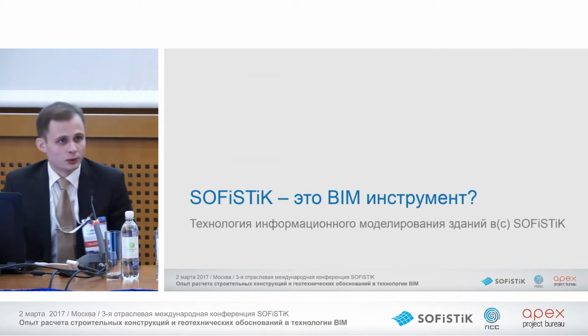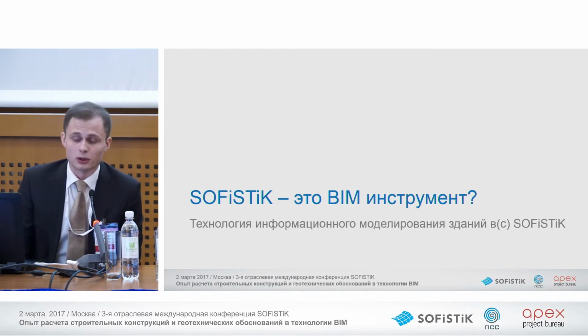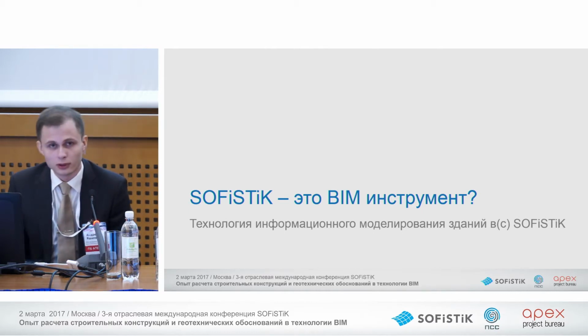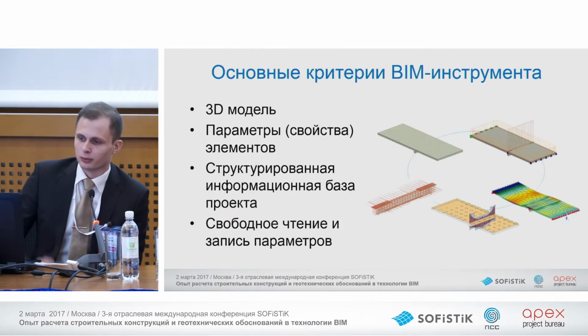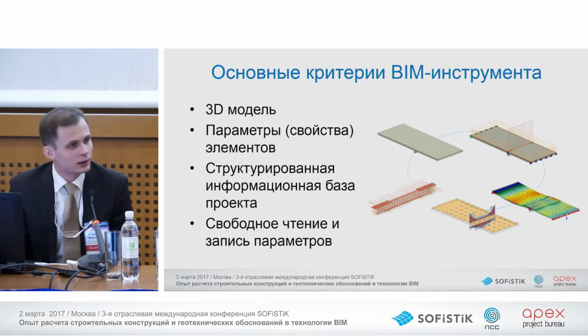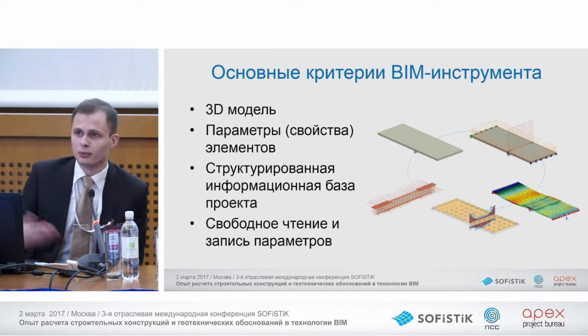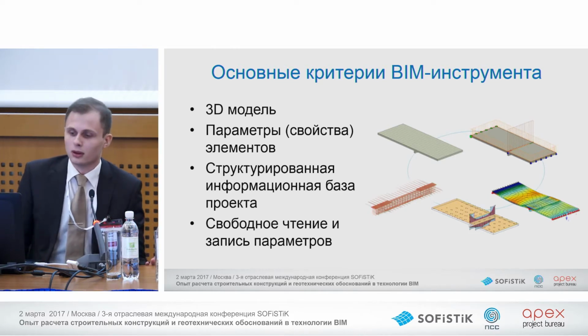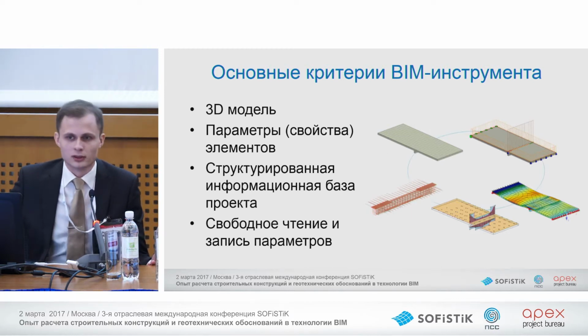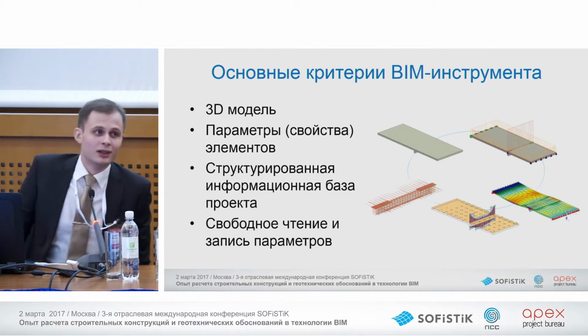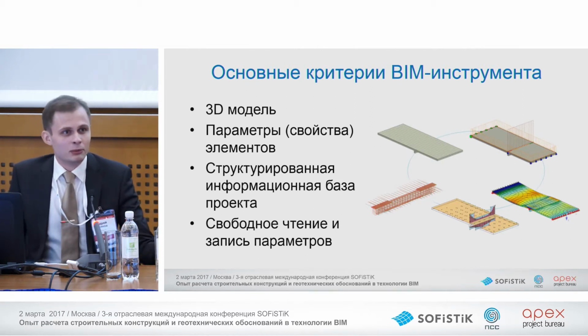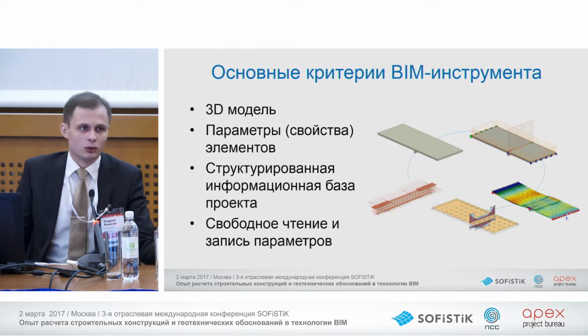Now, SOFiSTIK, is it a BIM tool? First of all, you have to ask a number of other questions. What are the criteria for the BIM tool? The first one is 3D. Availability of a 3D model. BIM proceeds from the fact that you do have a 3D model with parameters or properties of elements.